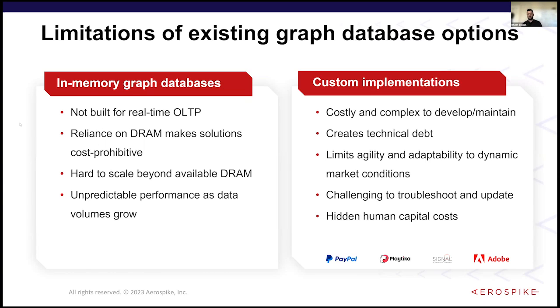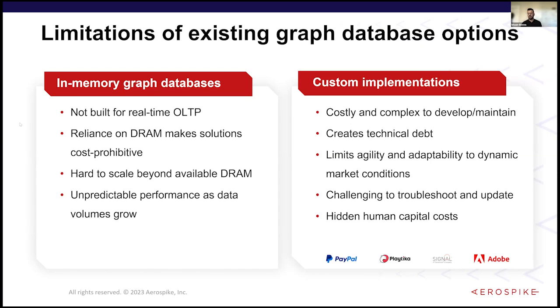In order for you to do all of these things, especially when it comes to fraud, where you're using a lot of different signals and identifiers of people, it ends up being a lot of data. An effective system usually needs to have terabytes of data. And existing solutions out there in the market today are overly reliant on DRAM.